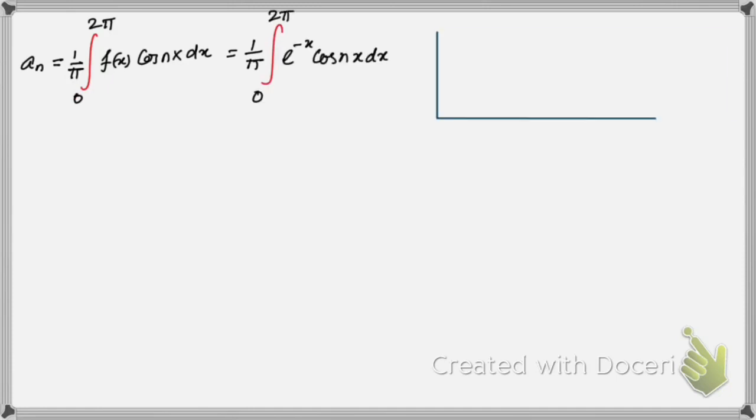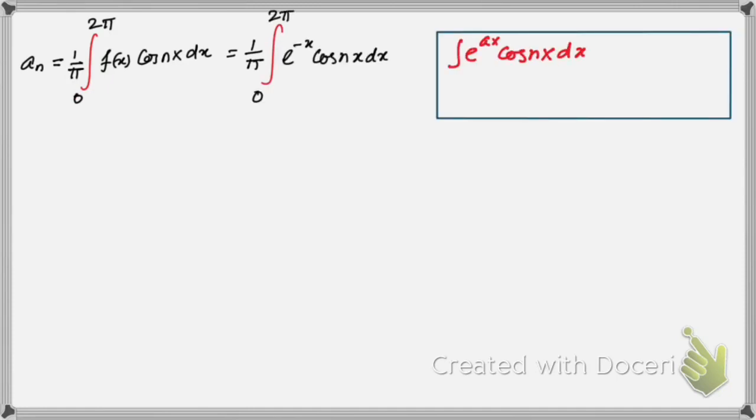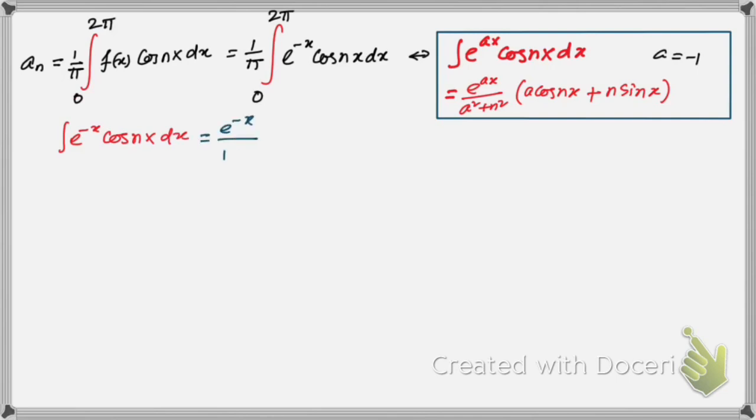Okay, so using this formula, what we have got, let me use this formula here. I am writing again. Okay, comparing these two, here a is minus 1, so the integration of this will be e to the power minus x by minus 1 square, that's going to be 1 only, plus n square, and here we have the value of a, that is minus 1, so minus cos nx plus n sin nx, right?